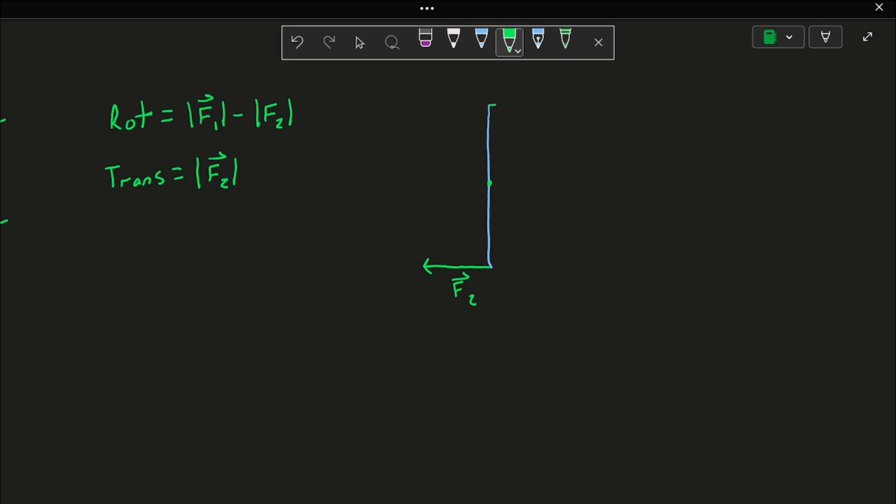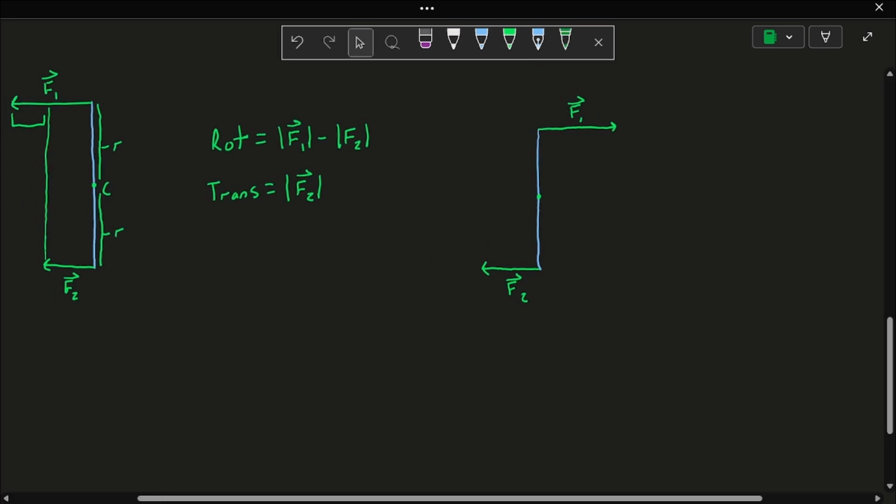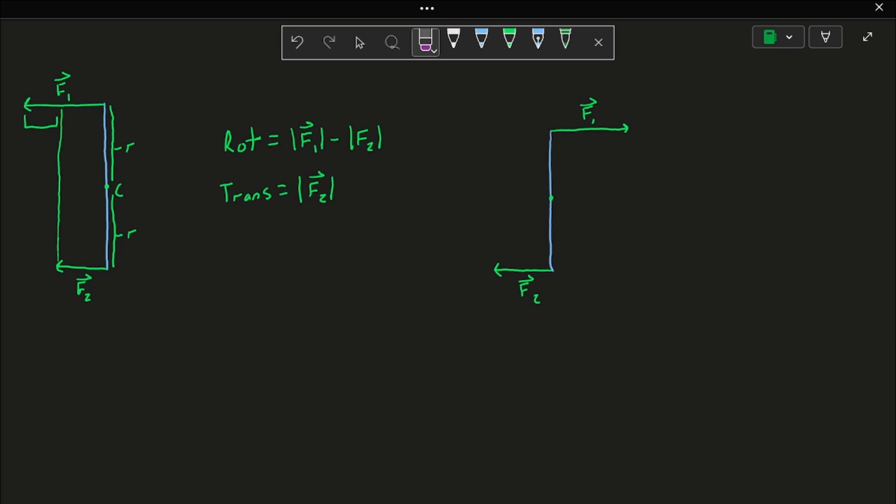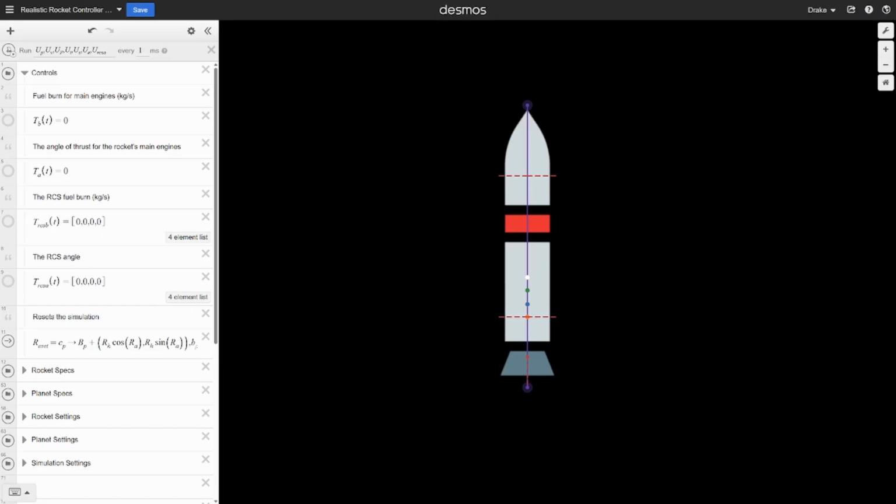And we have another force over here that we'll call F1. Then this rule right here does not actually apply because they're still moving in opposite directions. And again, you can kind of model it with your pencil. If you push on both ends in opposite directions, then your pencil will still only rotate.